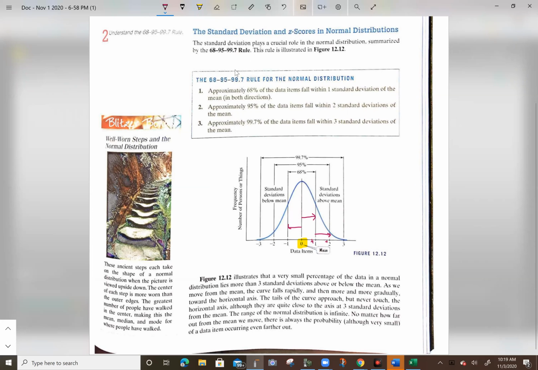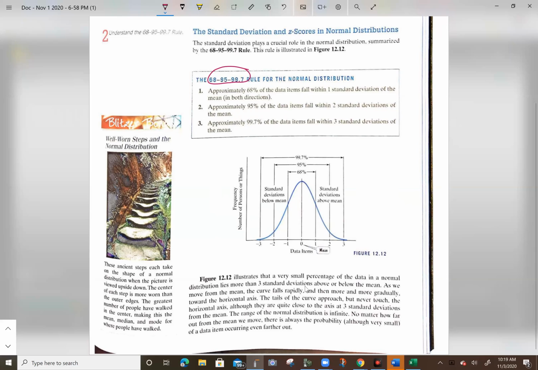And then here's this rule. If you remember this rule, you can answer a lot of questions. What this rule says is approximately 68% of the data fall within one standard deviation of the mean in both directions. Let me preface this by, let's pretend that these are SAT scores. This makes the most sense a lot of times to high school students. So let's pretend this is a curve that represents all of the SAT scores for students across the United States.